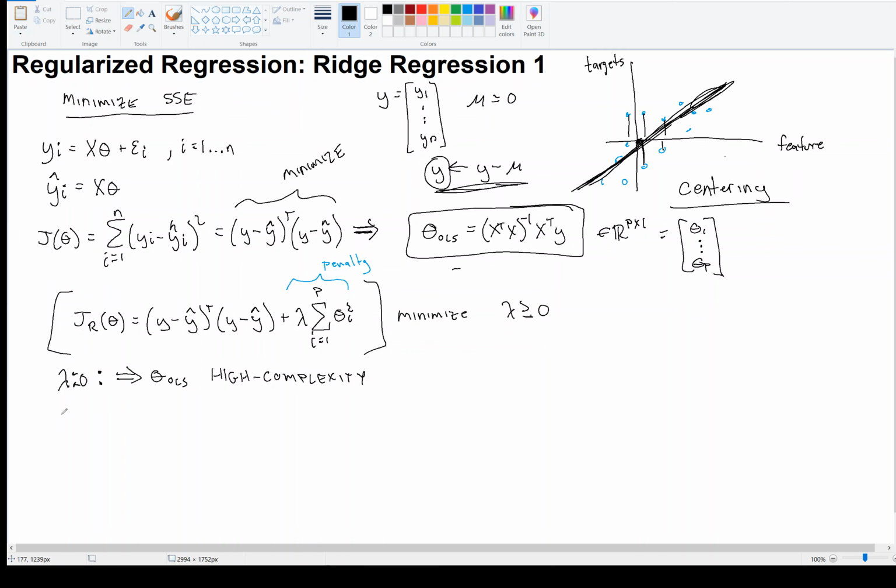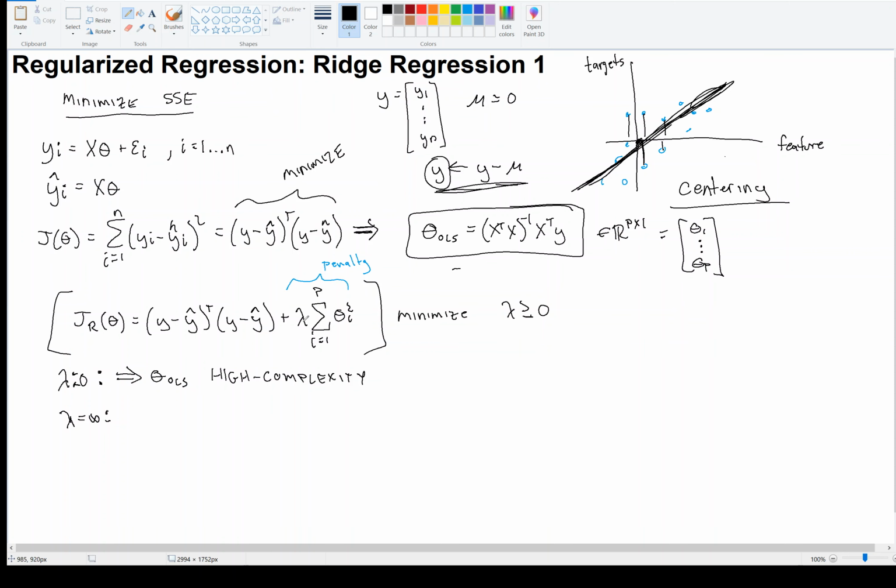Okay, now on the other hand, if we let lambda be infinity, and remember we're trying to minimize this thing, so infinity is, whoa, how are we going to minimize infinity? Well, that's a huge penalty to this minimization. So how do you minimize infinity? Well, you multiply it by 0. That's really the only thing you can do.